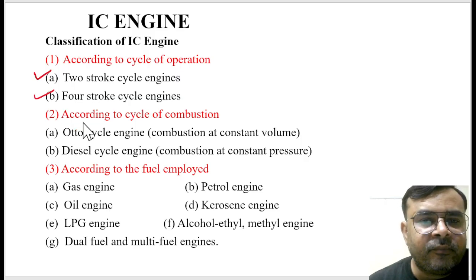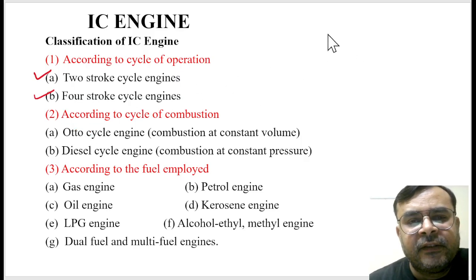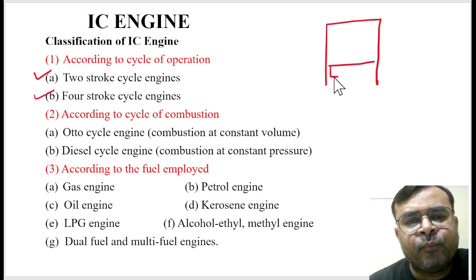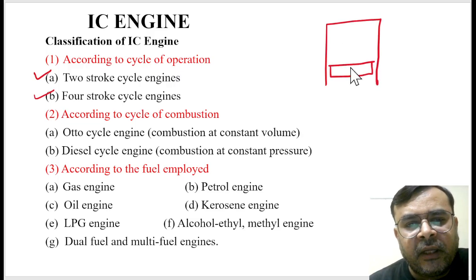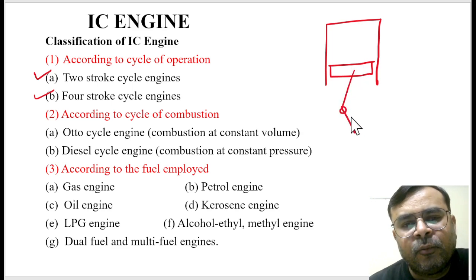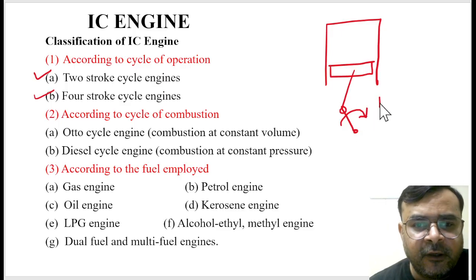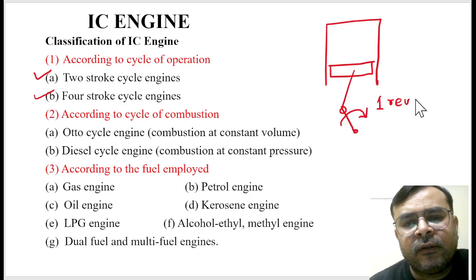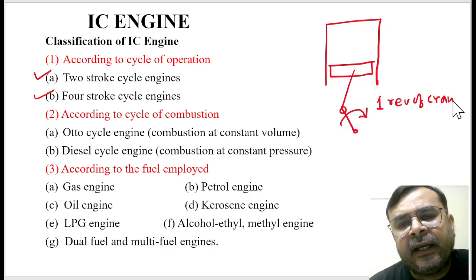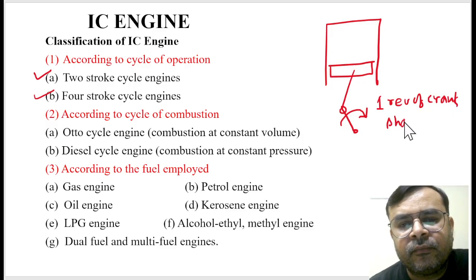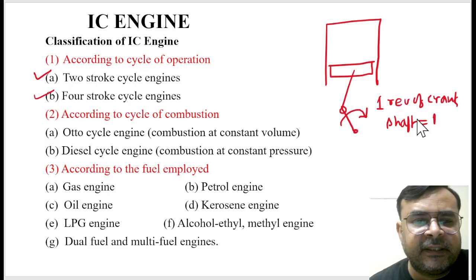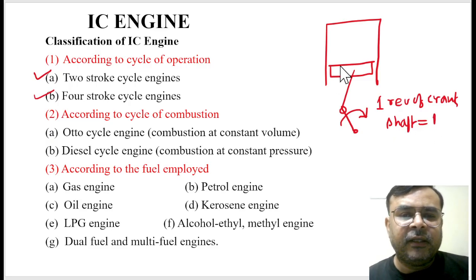And what is a stroke actually? See, if you have a cylinder and this is a piston, and it is connected with the crankshaft, let's say like this. One revolution of the crankshaft will be considered as one cycle.